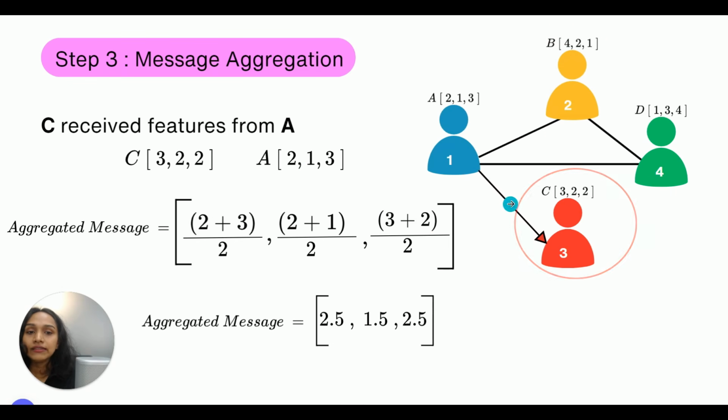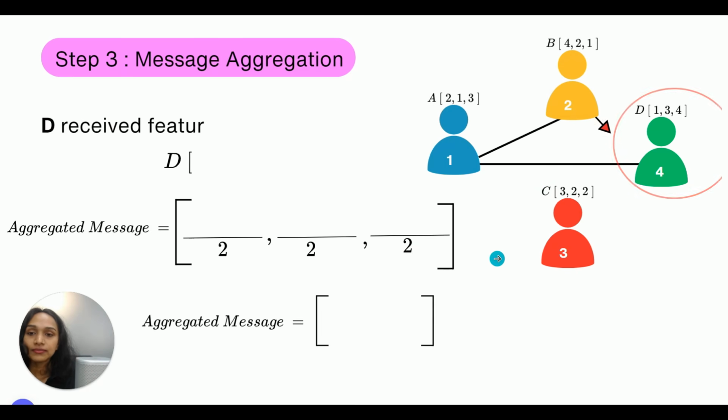Now C received its message from A. So C now has the features of C and A, which is C322 and A213. So the aggregated message of C is (3 plus 2) by 2, (2 plus 1) by 2 and (2 plus 3) by 2, which is 2.5, 1.5 and 2.5.